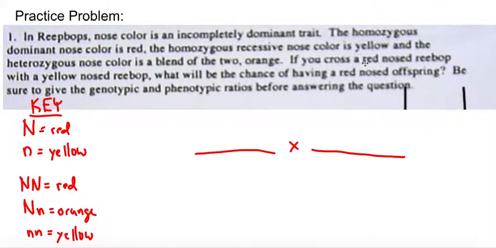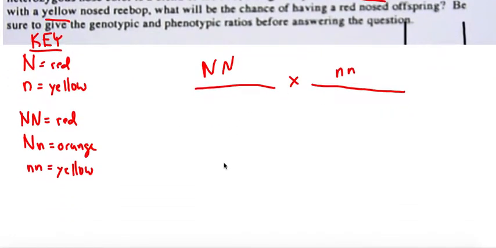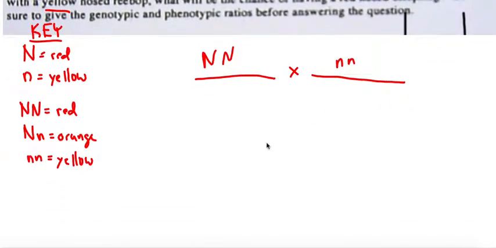If my parents are red-nosed and yellow-nosed, I look at my key: red nose is going to be big N, and yellow nose is going to be little n. Notice the heterozygote, the middle one, is going to be orange, just like it says.